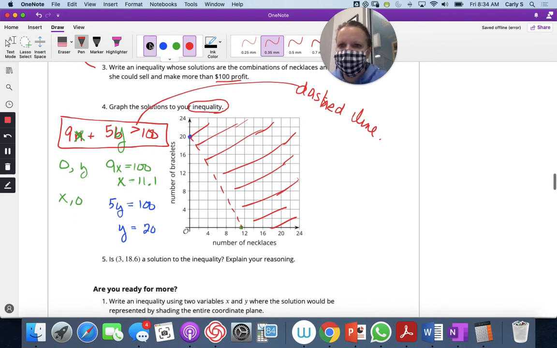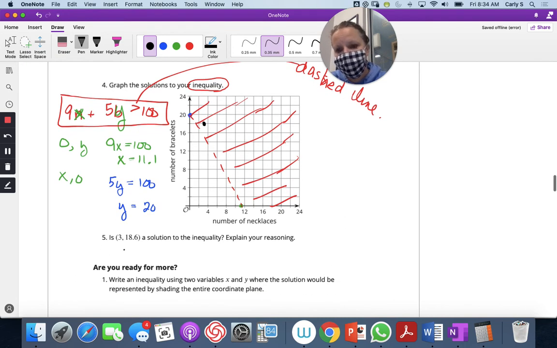And let's check. Is 3, 18.6 a solution? So 3, 18.6 is right here. I believe it is because it's in the shaded area.